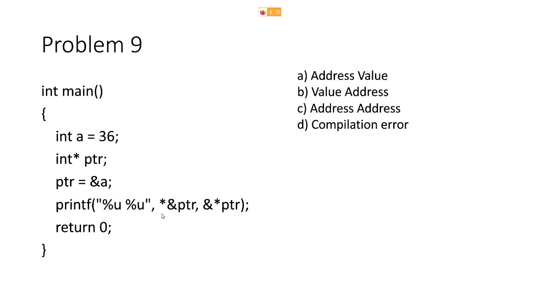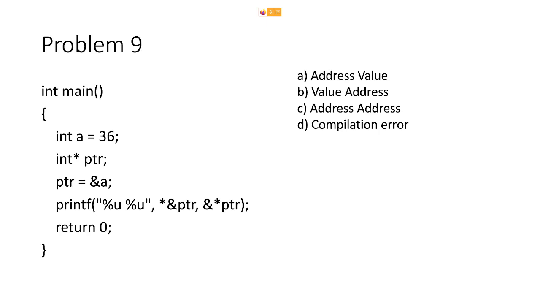Oh, you're saying according to that, address and value. I think the option should have been a bit more clear in that sense, that it is asking with respect to the variable A, not the pointer.